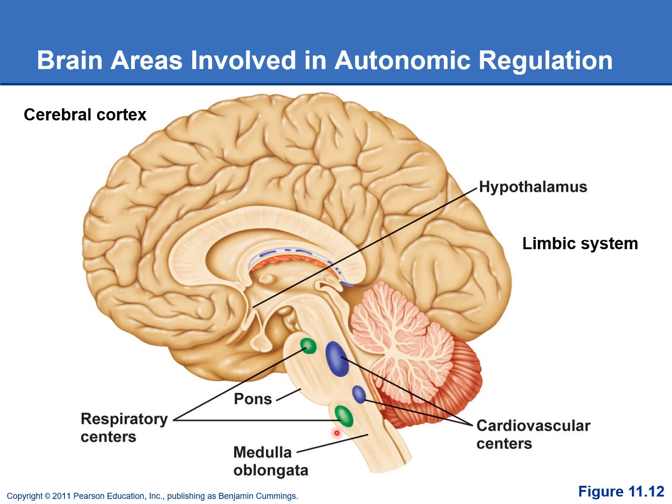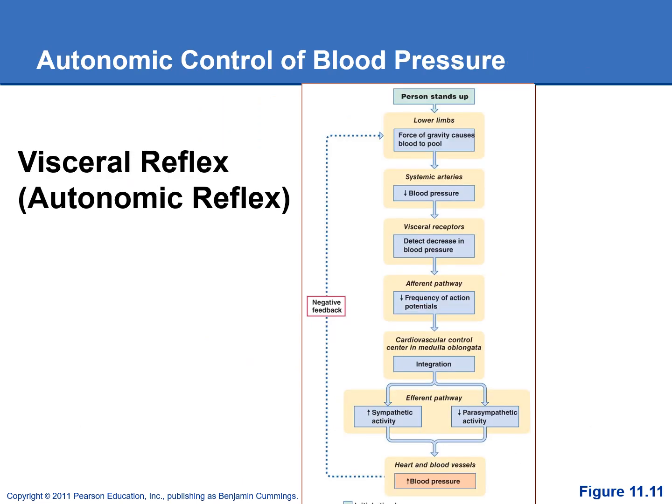And then we have these respiratory centers, which are going to control your rate and depth of breathing. Okay, here's an example of an autonomic or visceral reflex. So this is how you control your blood pressure. And we're going to talk about this reflex again when we get to chapter 14.